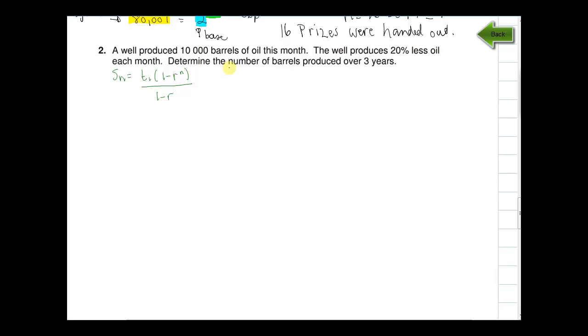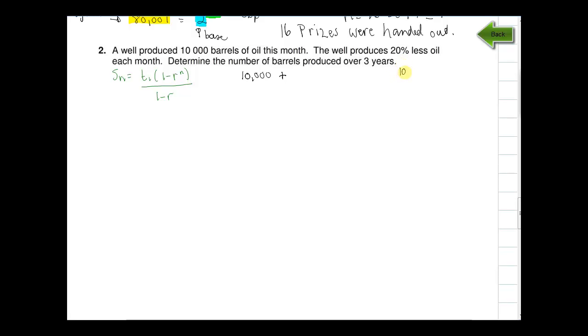So that means that we have a sum question here, which means that we need to write a series. Okay? So we're going to start with our 10,000 barrels. And we know that in the next month, the production is 20% less. So we need to figure out what 20% less of 10,000 is.